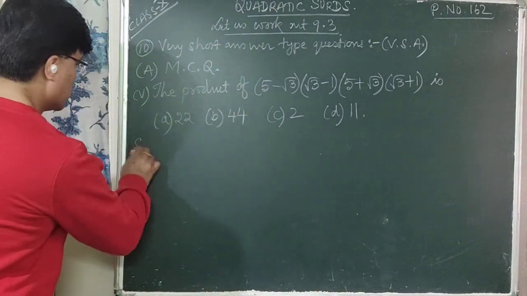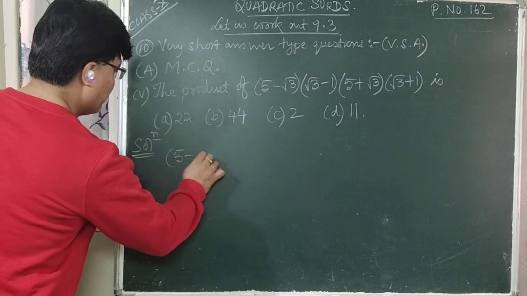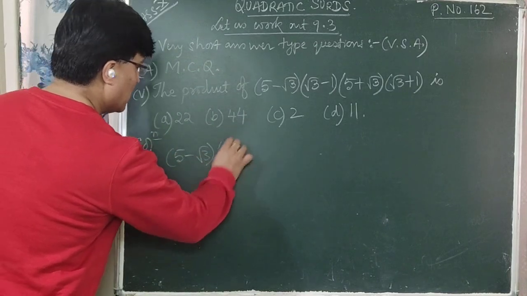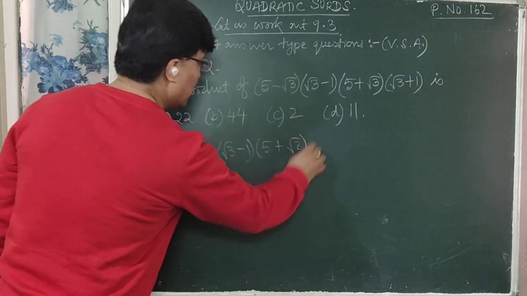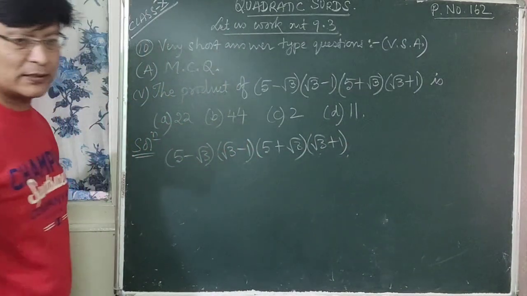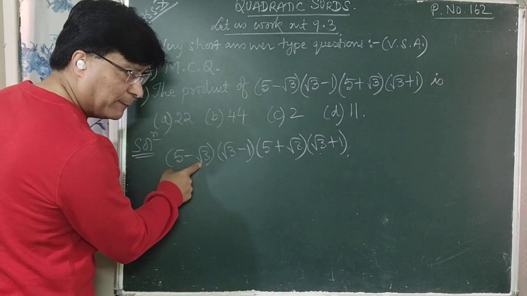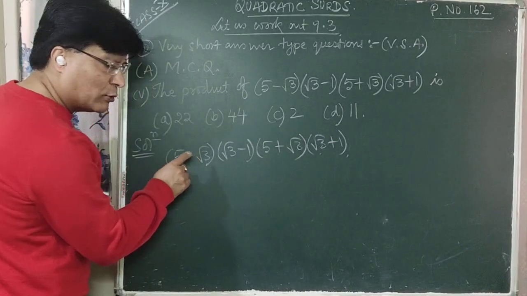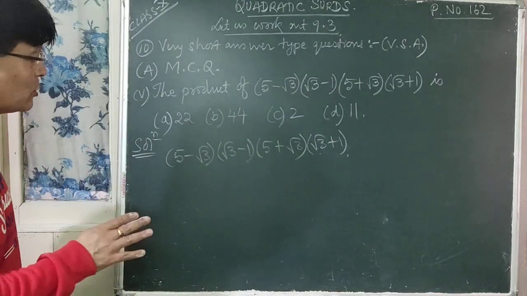Okay, so the solution is: it is given 5 minus root 3, root 3 minus 1, 5 plus root 3, and root 3 plus 1, right? You have to write down the two terms together. Which two terms will you write together?